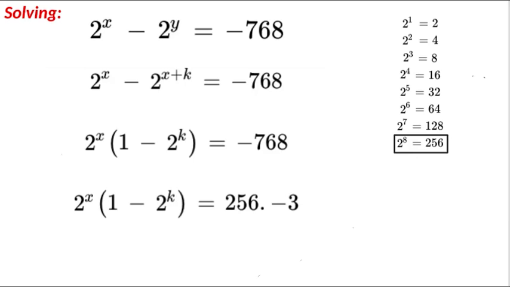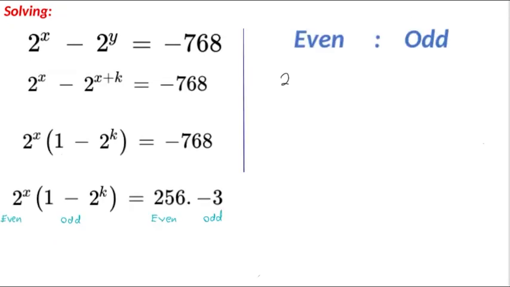Now we're going to do an organization, and we're going to separate out the even and the odd on both sides. So we have even, and again odd for minus 3. So now we can compare even and odd and say that 2 to the power of x is equal to 256.